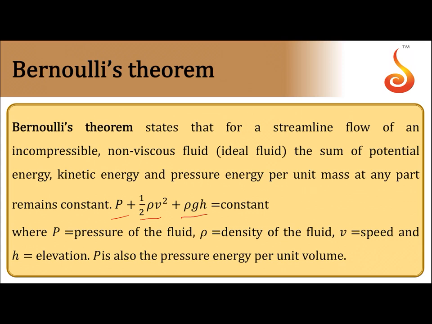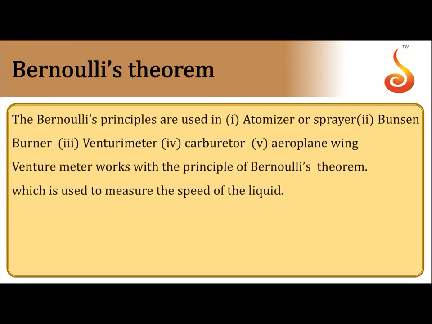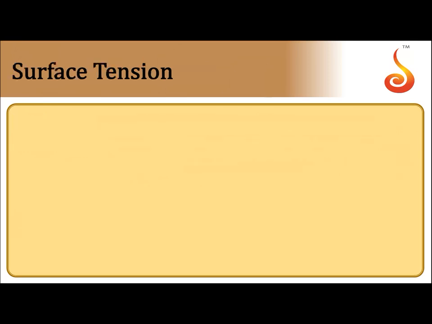This is your Bernoulli's theorem. So it is used in spray pump or atomizer, Bunsen burner, venturimeter, carburetor, aeroplane wing design, and also the venturimeter which is used to measure the flow of fluid. So that is all about fluid dynamics.